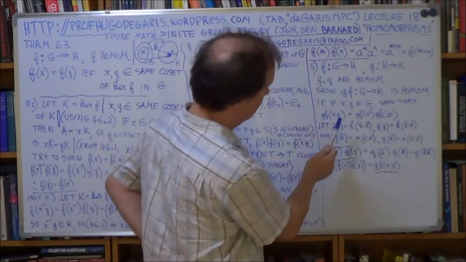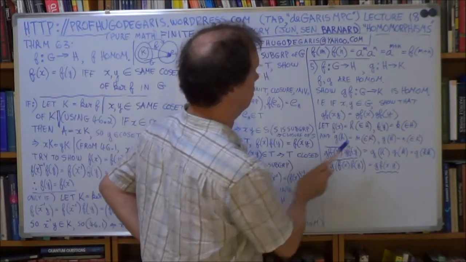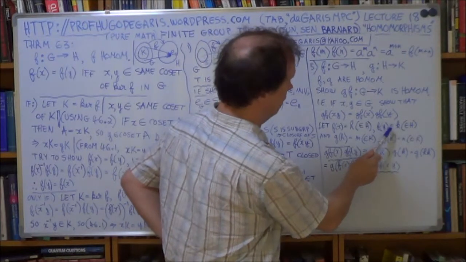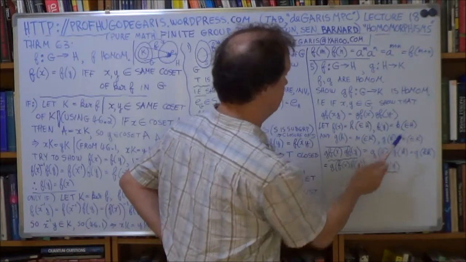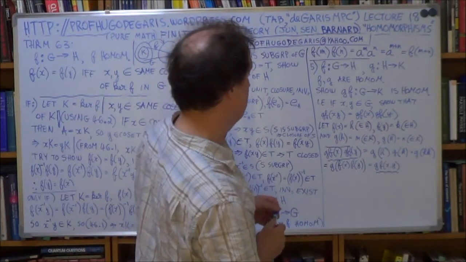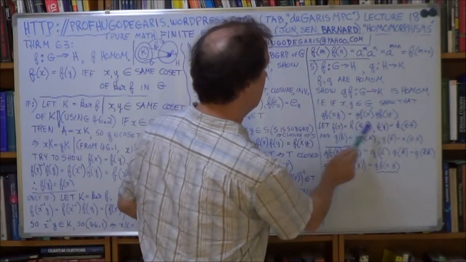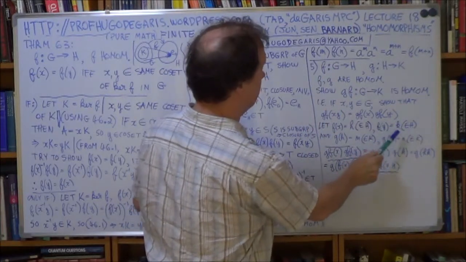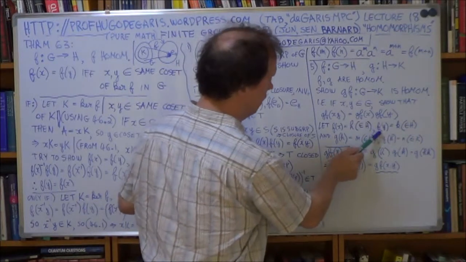So f of x will be equal to h, which belongs to big H. Similarly, f of y will map into some other element of H, so f of y equals k.